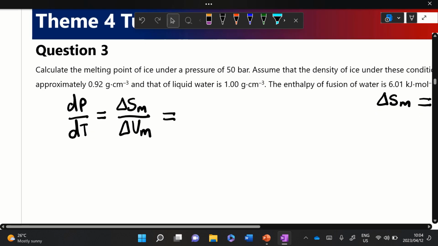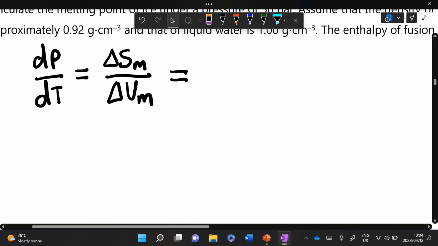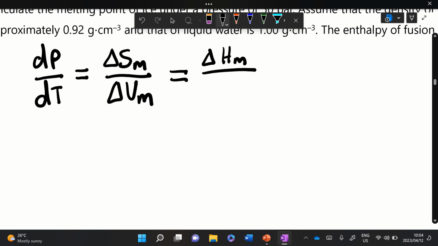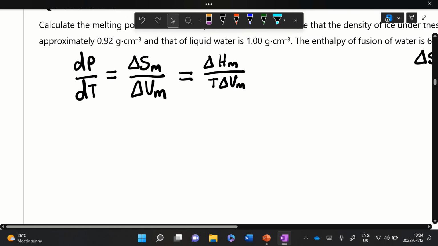So we can make the substitution that this is then equal to the molar enthalpy divided by the temperature times the molar volume change. Okay, so this is the equation that we're interested in.